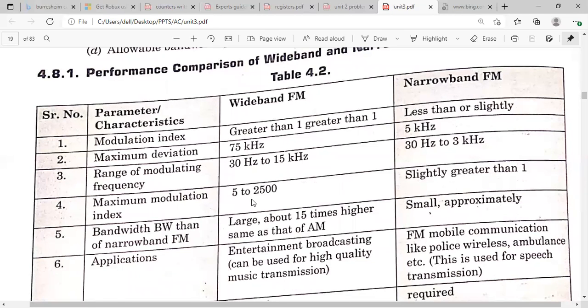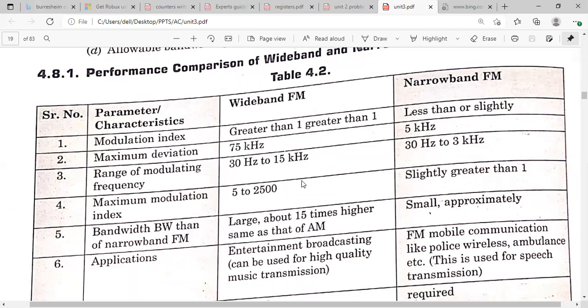So here the maximum modulation index is 5 to 2500, but for the narrowband FM, it should be very much less than 1. And when compared to the narrowband FM, the bandwidth here is very, very high. And for narrowband FM the bandwidth is very, very small. And for the applications, wideband FM can be used for high quality music transmission.